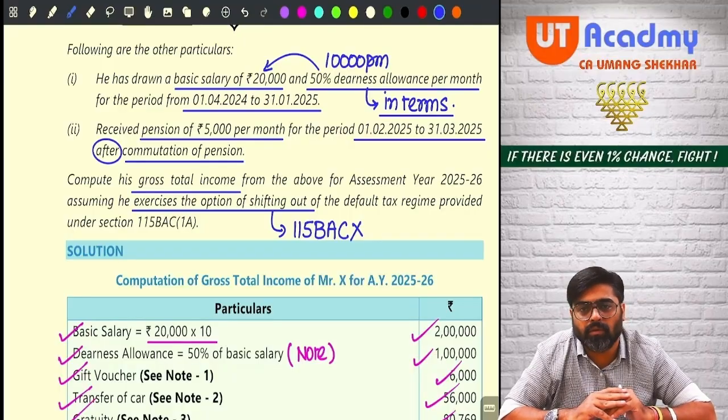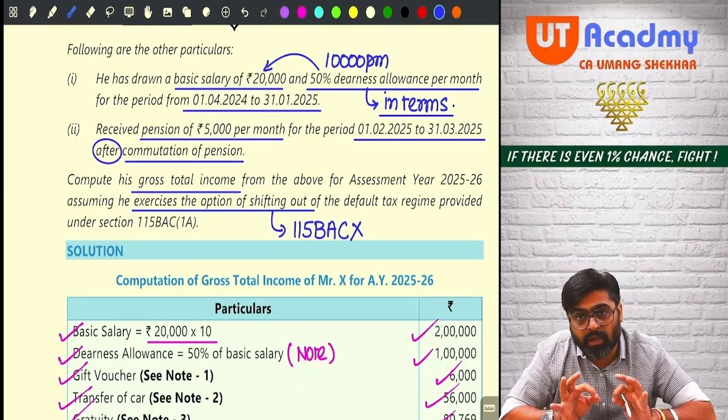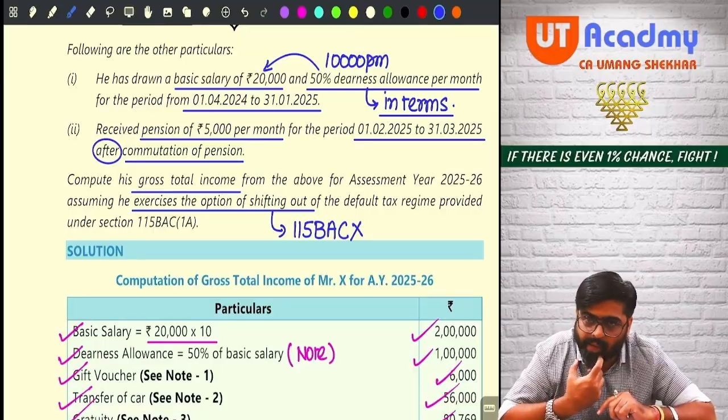Hence, no need to assume that it is not in terms, comma, it is clearly DA in terms. Full stop. Done? Sure? Okay.